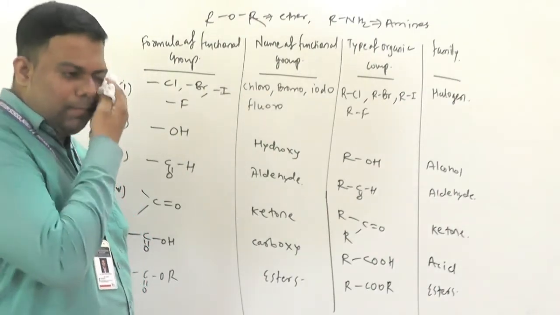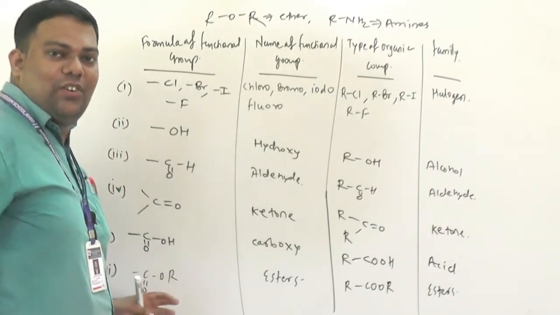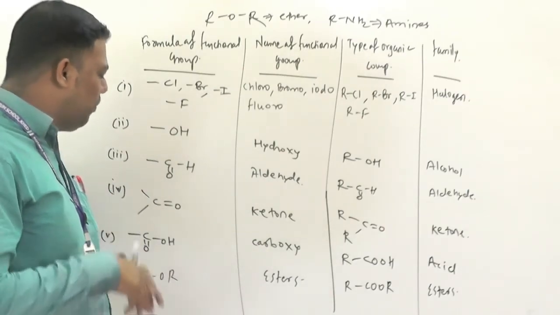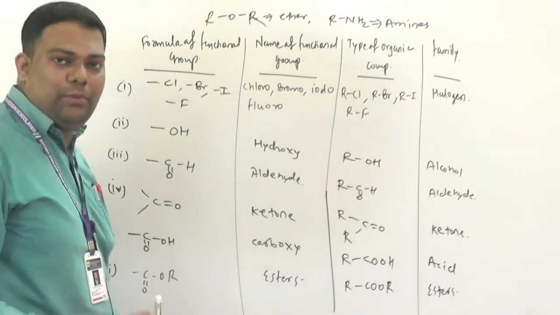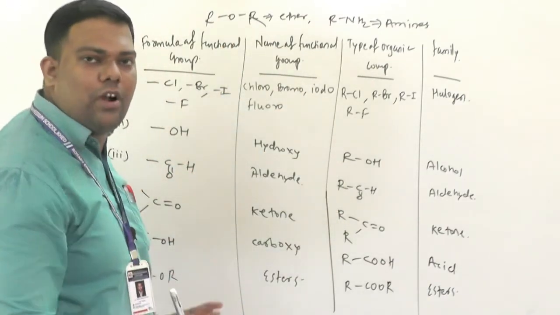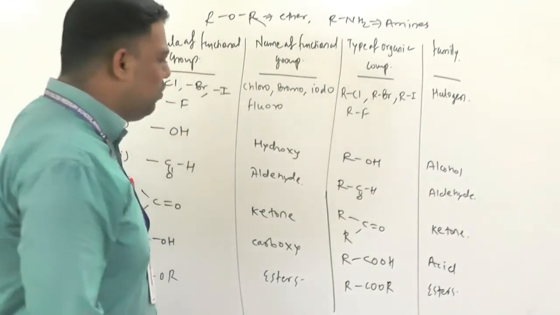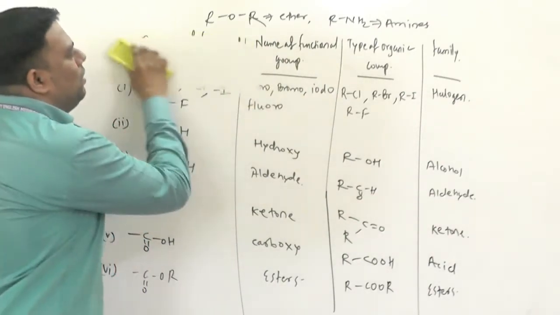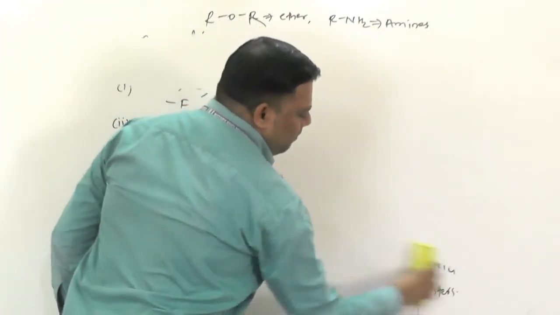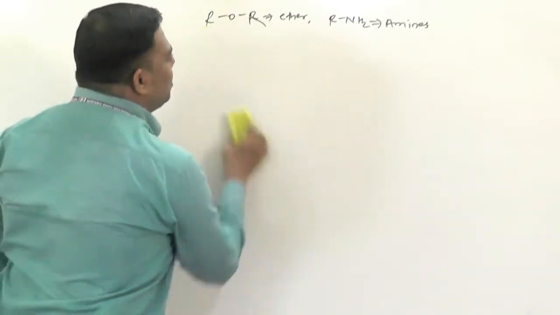These are very important, so keep them in mind: for aldehyde or ketone, you must know the formula, type of organic compound, and functional group. This chart is very important. Write it many times for practice. You can add ether and amine also. This is very important for organic chemistry.